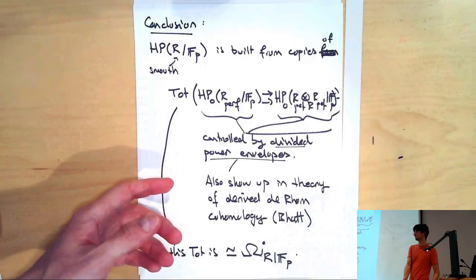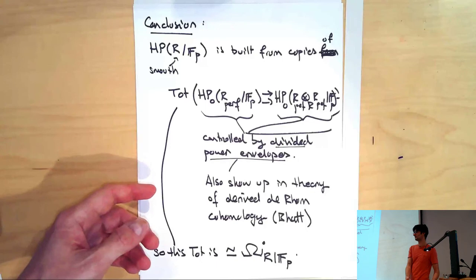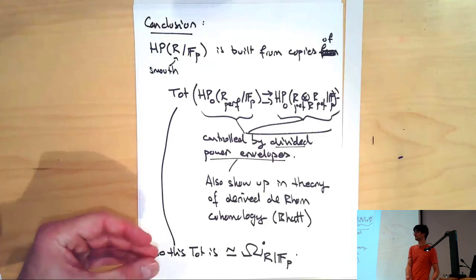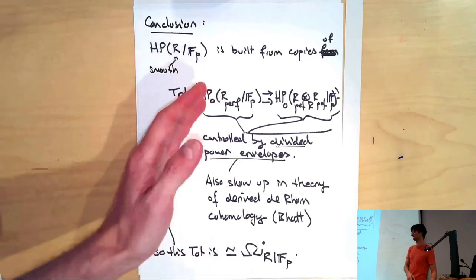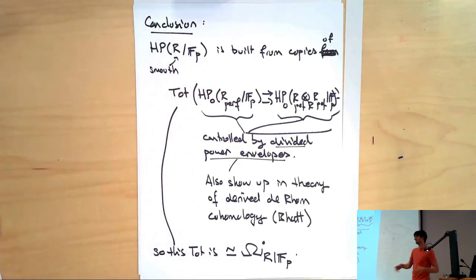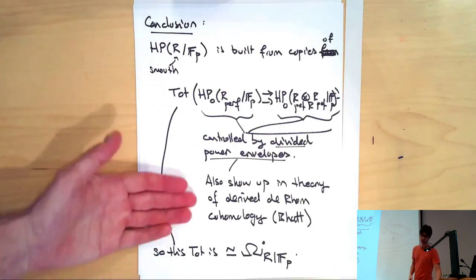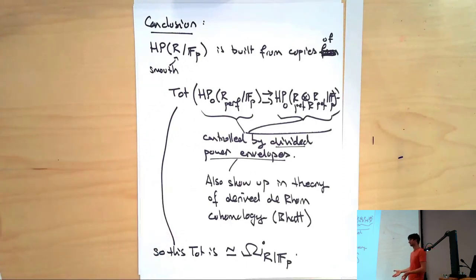Yeah, you could forget about the HP business. You could just start with divided power envelopes and say, let's totalize a Čech construction coming from divided power envelopes. And that's where this general theory of derived de Rham cohomology will kick in and tell you that the result looks like the de Rham complex. That's essentially what we have to appeal to at the very end.